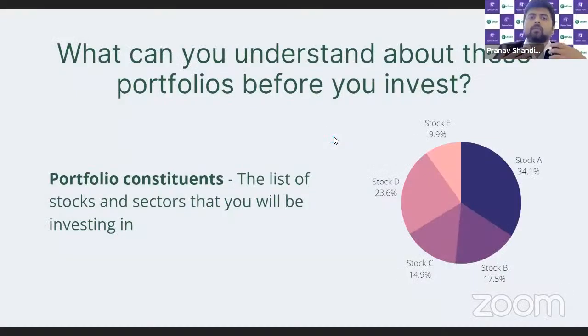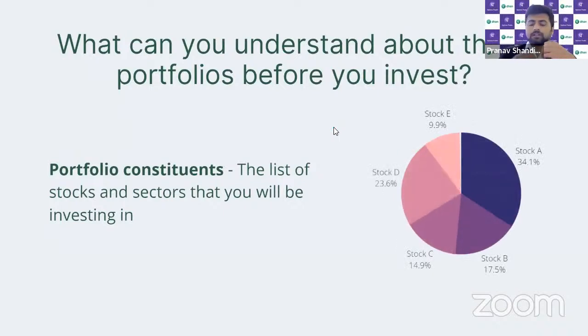So as investors, what are some of the things that we can understand about these portfolios before we start our investing journey? So in a smallcase, what are you first going to get? You'll be understanding the portfolio constituents. Before we invest, the first thing that we need to understand is how do we start and what are we going to get?